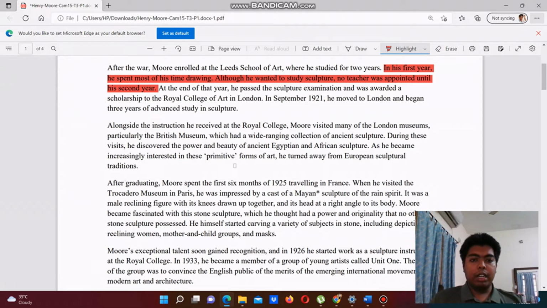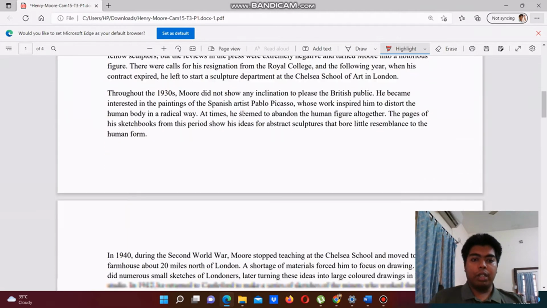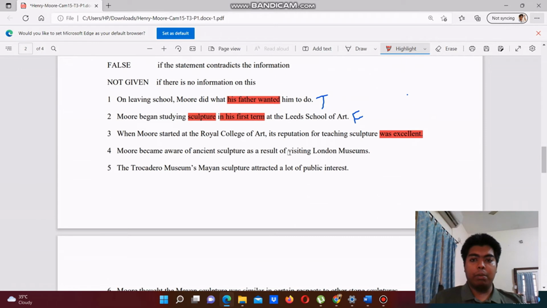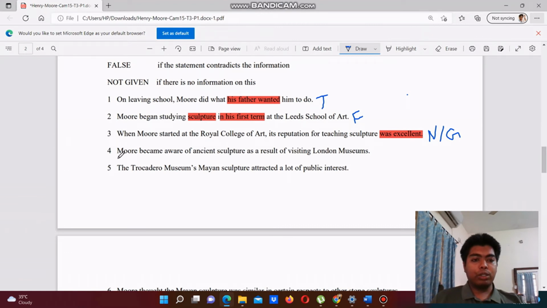So guys, there wasn't any mention in the passage about the reputation of teaching sculpture at the Royal College of Art. So basically, it will be not given because there wasn't any mention about the reputation. Okay, so going to the next question.